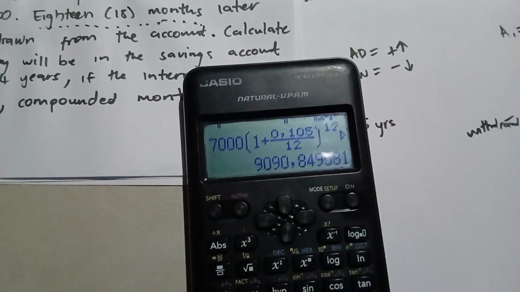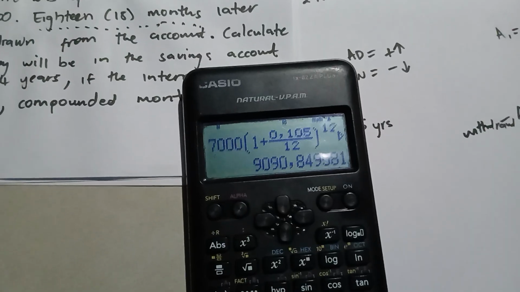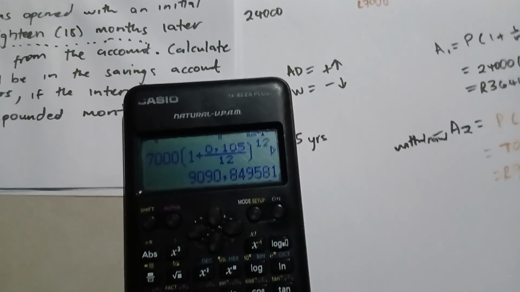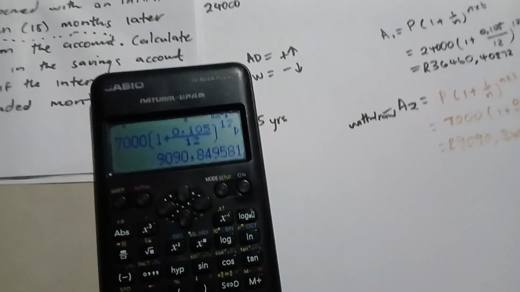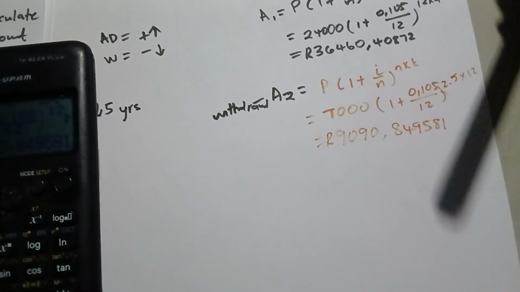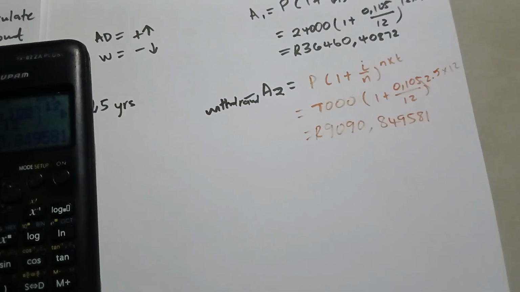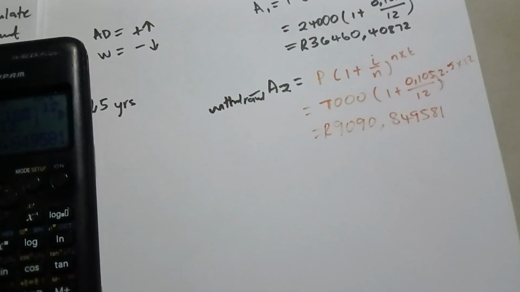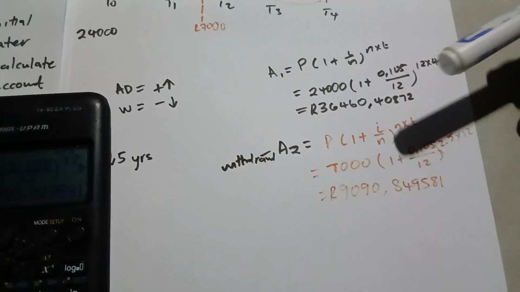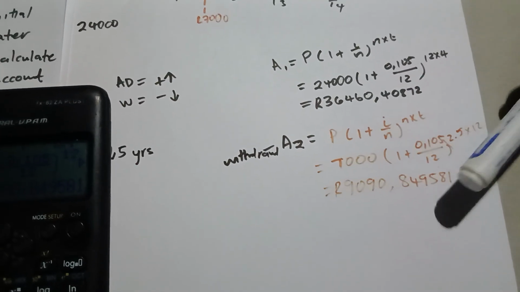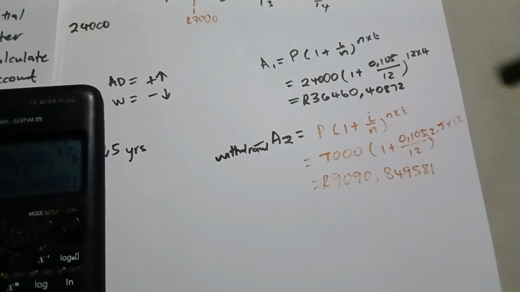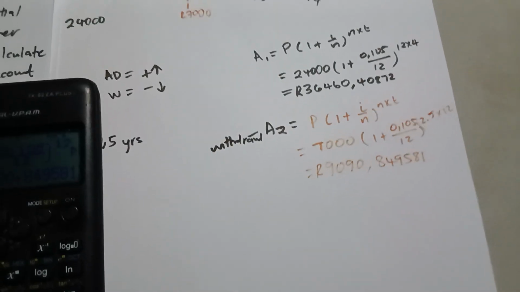So this 9,090 was going to be the amount of money that Mohau was going to get after withdrawing the 7,000. Sorry, if he had not withdrawn the 7,000, I was going to get this amount of money. But unfortunately, my amount at the end will now be 36,000 subtracted by this, after the 4 years.